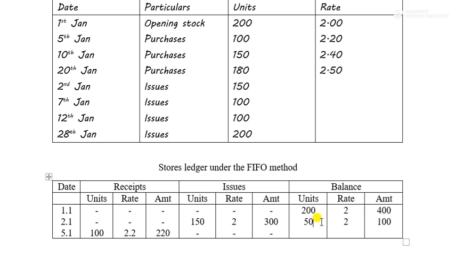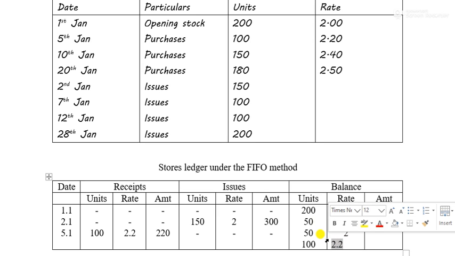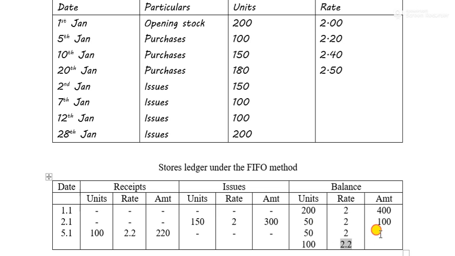And under the units column, what shall we write? 50 at the rate of 2, 50, and 100 at the rate of 2.2. Right, now 100 over here and 220 over here.